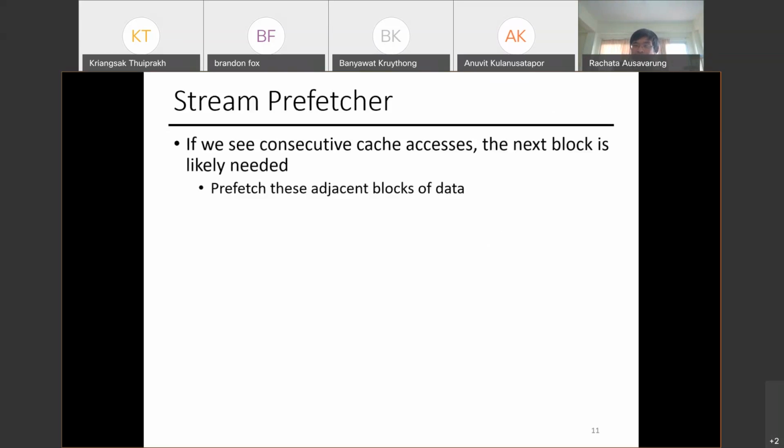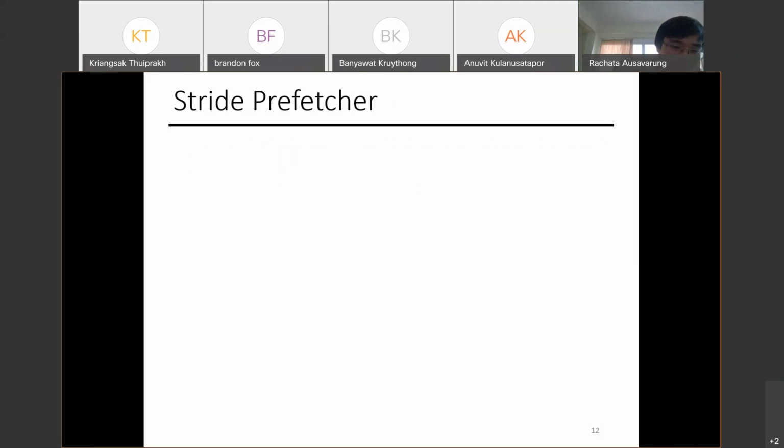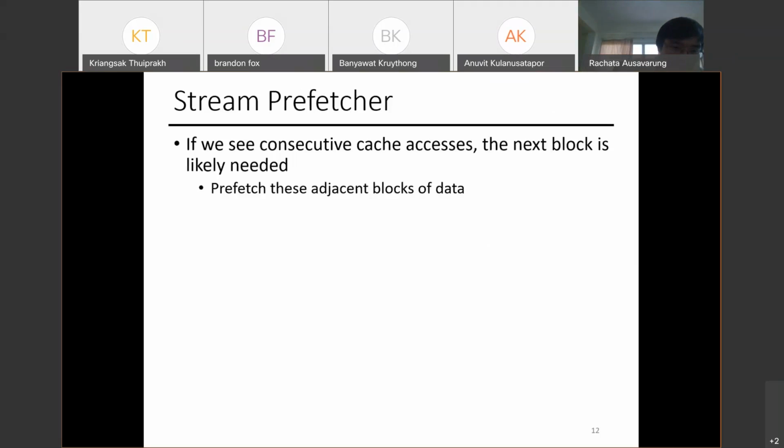Right? The next block is likely needed, and you can prefetch adjacent blocks of data. Why would that be useful? So let's say you see A0, then A1, then A2, and then A3.